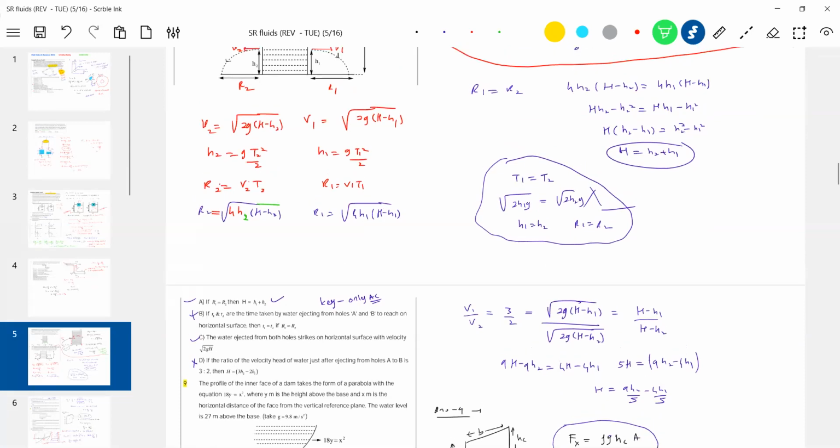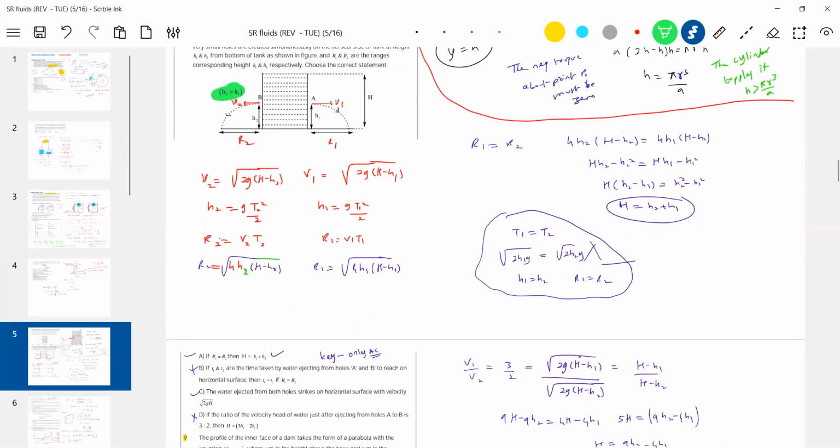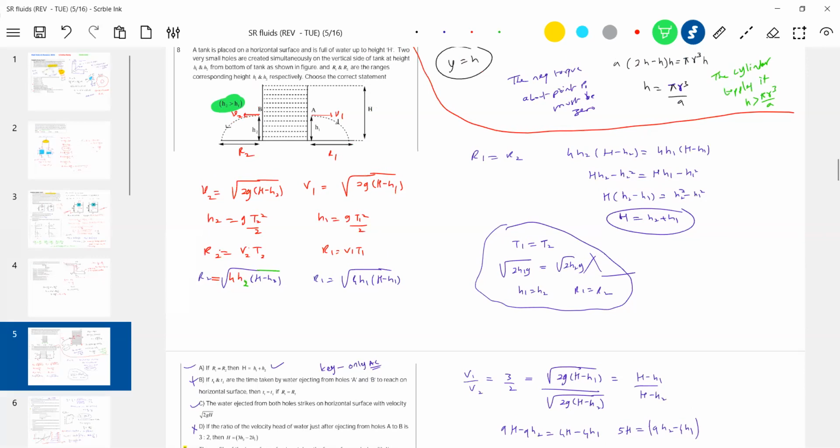Okay, option C we have to justify. The water ejected from both holes strike on the horizontal surface with velocity root 2gH. H2 greater than H1, no? Okay, but they fall here. Again, from B to this particular point, we should apply conservation of mechanical energy. So C will be correct. If you want, you can check it.